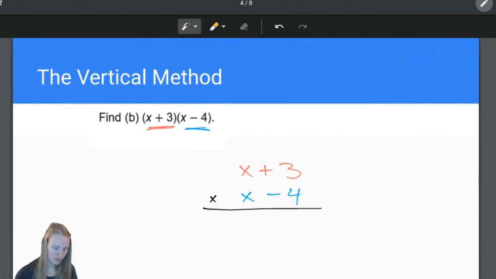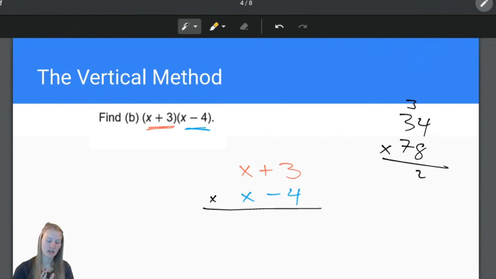And what I'm going to do is exactly like what we would have done in that example I gave where we multiplied these two. I do 8 times 4, and then I do the 32. I'm going to do the exact same thing with this polynomial right here. So negative 4 times 3 is negative 12. And then negative 4 times x is negative 4x.